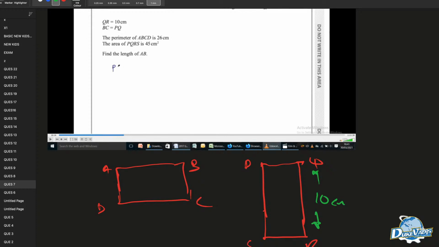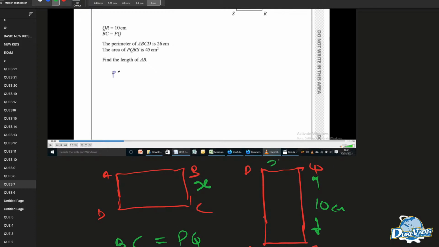And it says BC is equal to PQ. So BC, which is here, we don't know, is equal to PQ. That means this and this and this are the same, meaning this and that are the same.